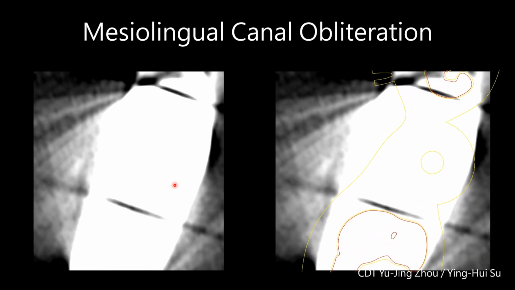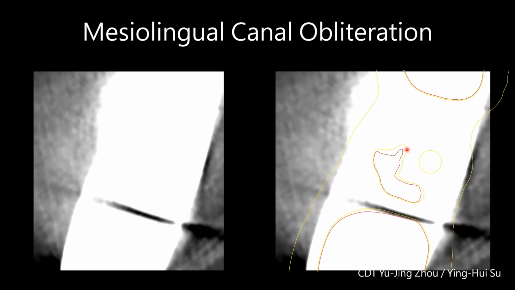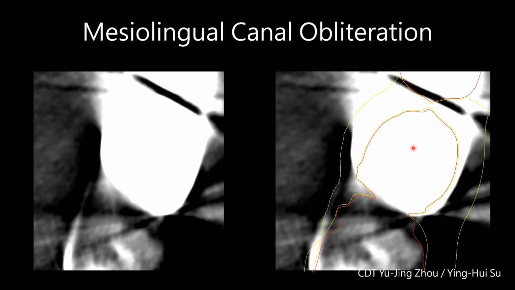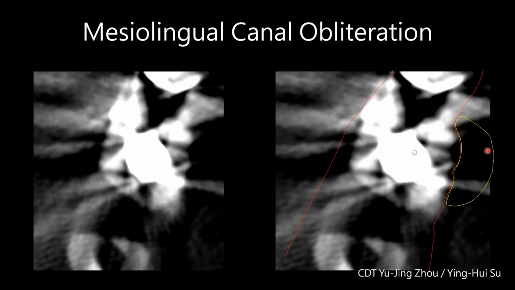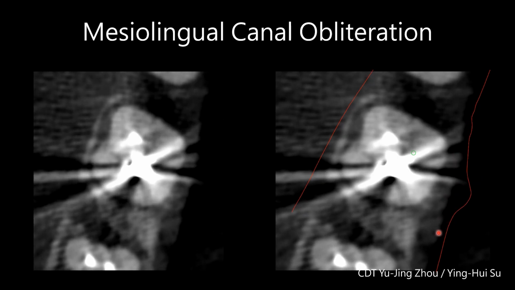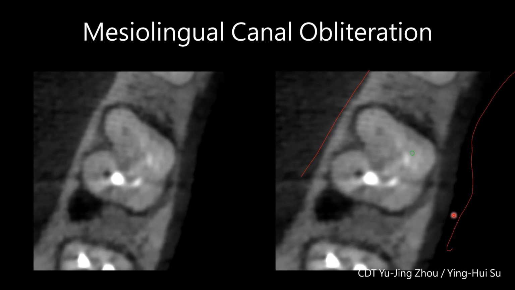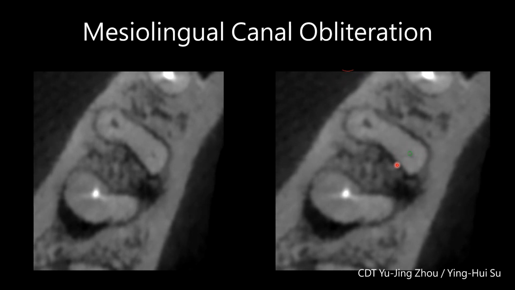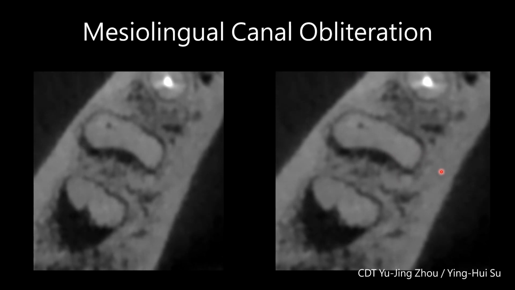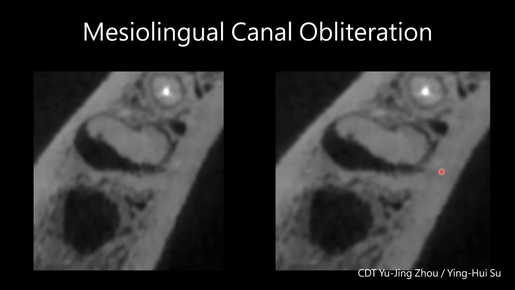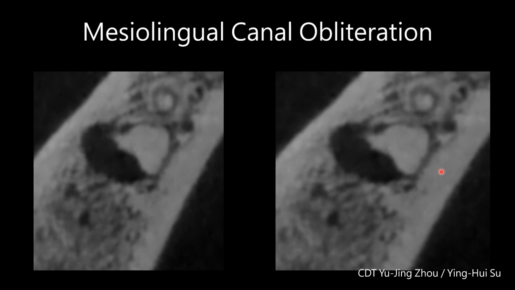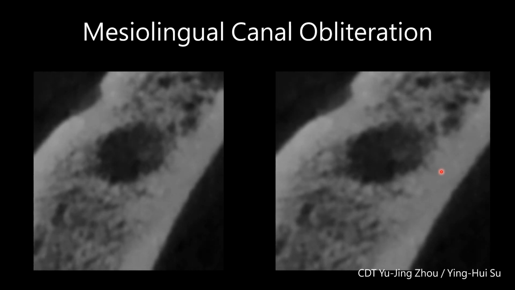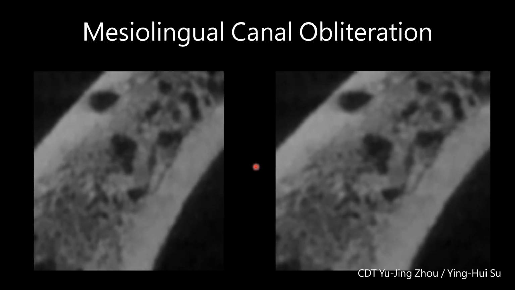So this is the left side, the original CBCT, and the right side is after we designed. The yellow line is the guide plate. The red line is the oral scan surface, and the green point here is where, in the digital design, we put the drill path in the root canal.